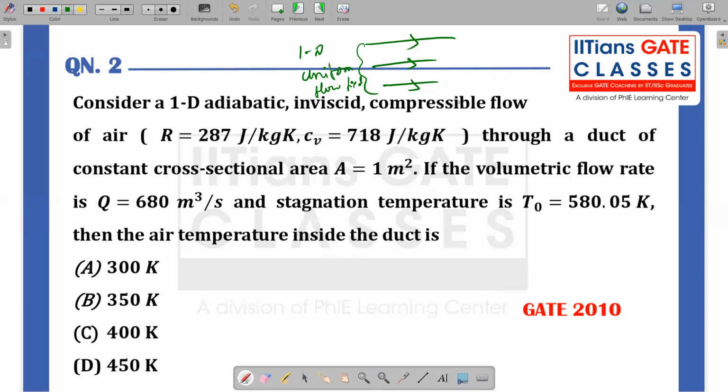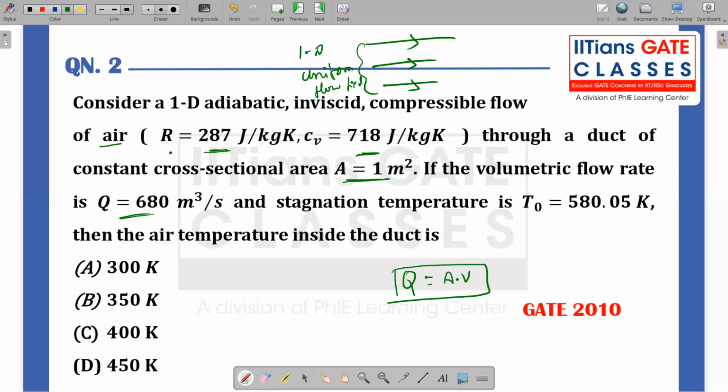So now, inviscid compressible flow of air with properties of air given to be R is equal to 287 joules per kg Kelvin, and the specific heat at constant volume is 718 joules per kg Kelvin. This is the gas constant, this is Cv. Through a duct of constant cross-sectional area, the volumetric flow rate Q is nothing but area into velocity.